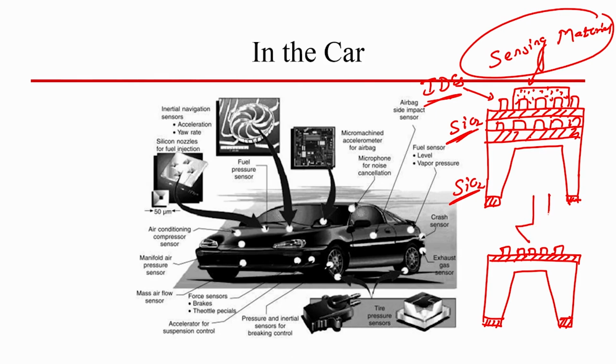If it is a strain gauge, then depending on the bending of this diaphragm, the strain will change, and you can measure the strain using these contact pads. A pressure sensor is so easy to fabricate. It requires only a 2 mask process to fabricate, and these things we will be learning in the next few modules.